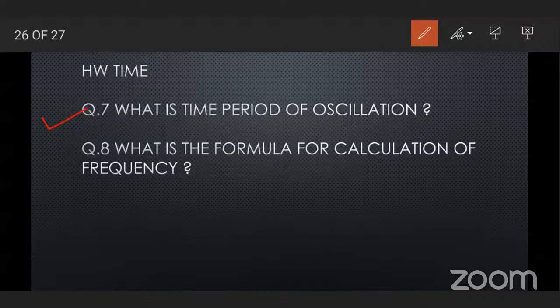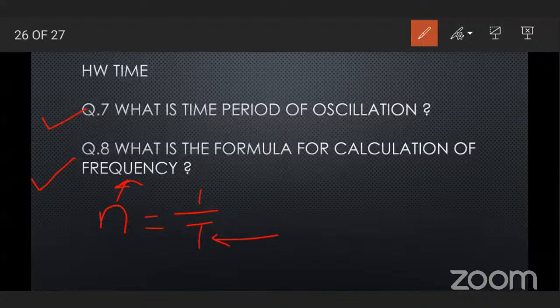Now next question. What is the formula for calculation of frequency? Frequency n equals 1 upon T. n means frequency, and what is T?